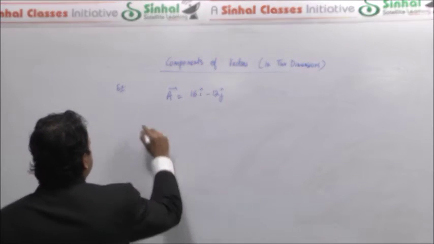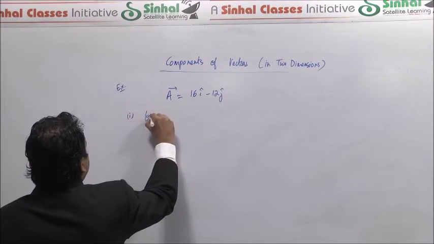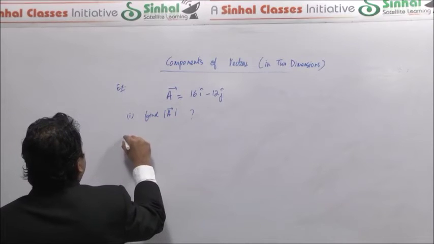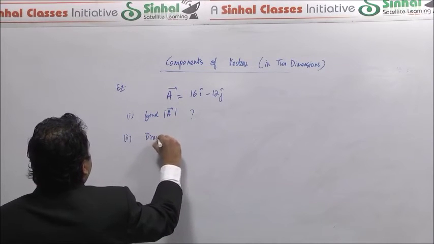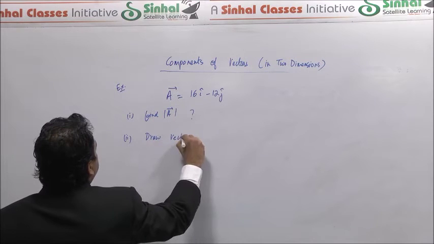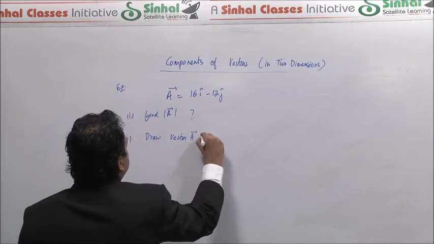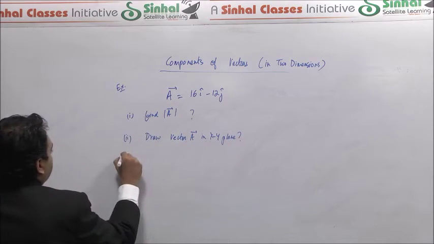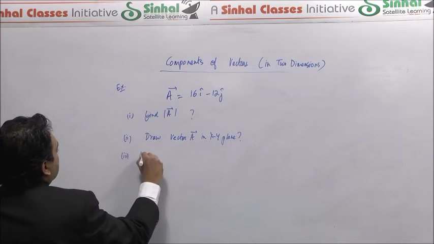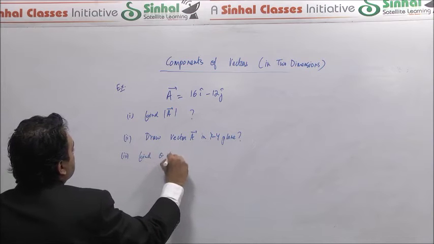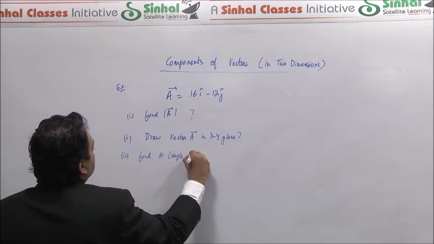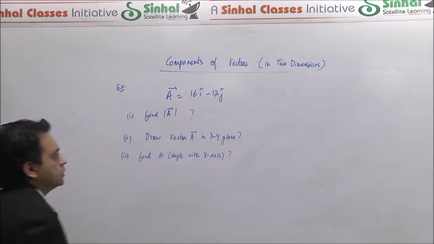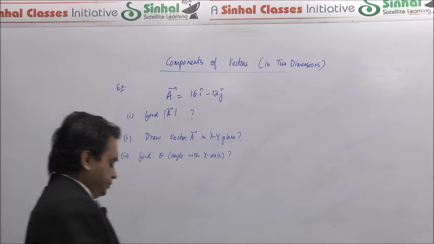So first of all, we want to find the magnitude of vector A. Then draw vector A in an xy plane, and from that find theta, that is the angle with the x-axis.